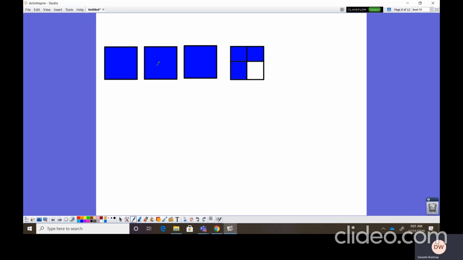Good, we have 3, so I'm going to put 1, 2, 3. And what's my fraction over here? How many boxes is this square divided into? Yeah, I know it's divided into 4, so that tells me my fraction has to be fourths. Now, how many of those are colored? Yeah, 3. So your mixed number here would be 3 and 3/4.